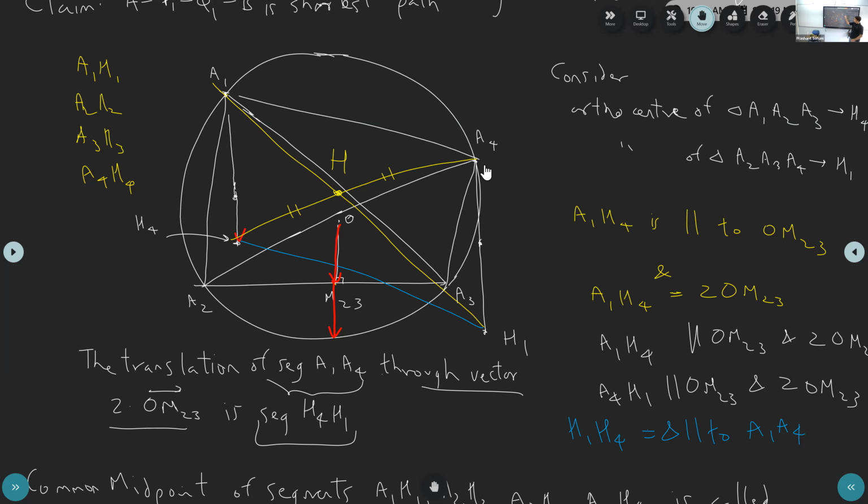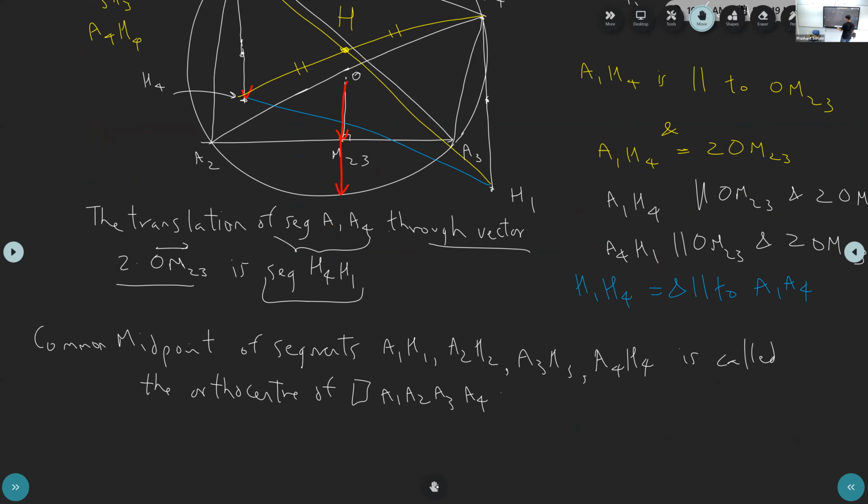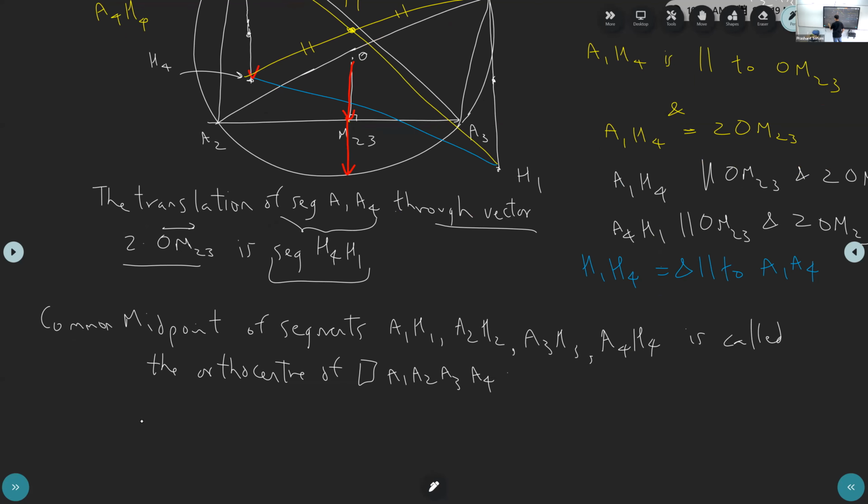So actually all 4 triangles are concurrent. The 9-point circle goes through H. So the 9-point circles of all 4 triangles. Which are the 4 triangles?